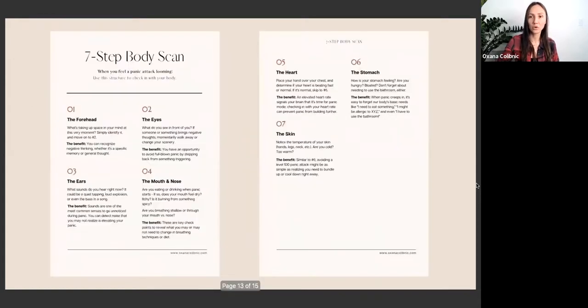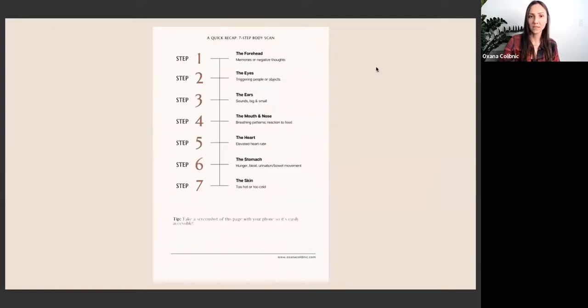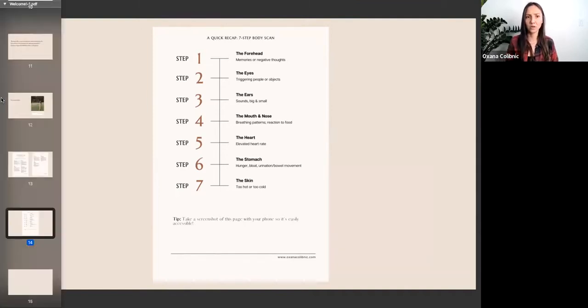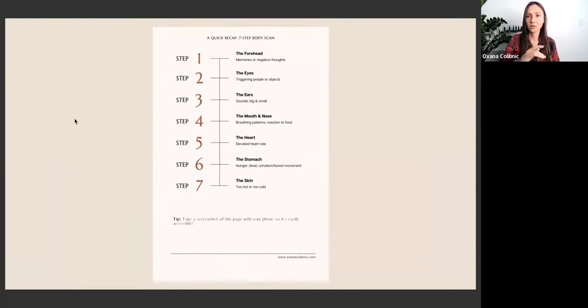So let's go through the do's. You can look over these later when you receive it through the email. And you can even put it on your phone screen, so when you have a panic attack, you can open it up and follow it.